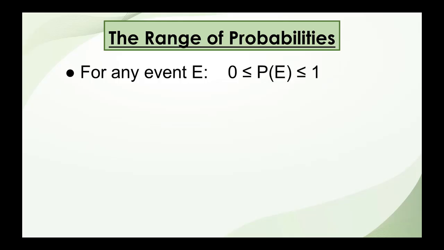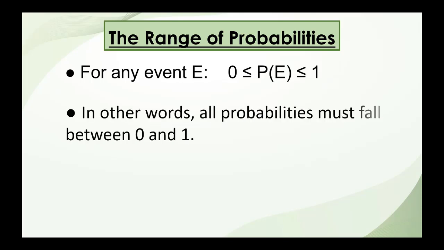For any event E, the probability of E has to fall between 0 and 1. It can be 0 and it can be 1, but it can't be less than 0 and it cannot be more than 1. So to put this in other words, all probabilities have to fall between 0 and 1.